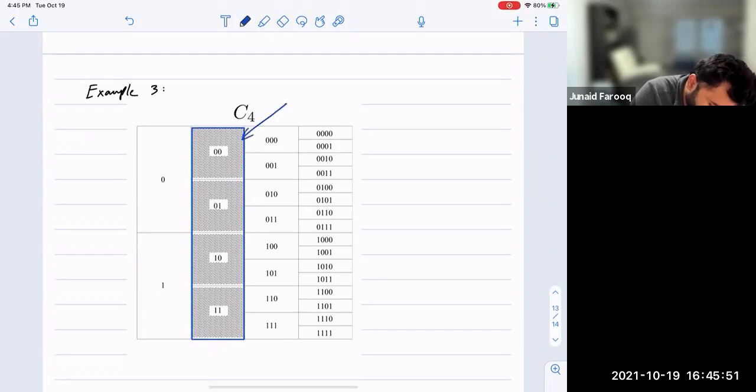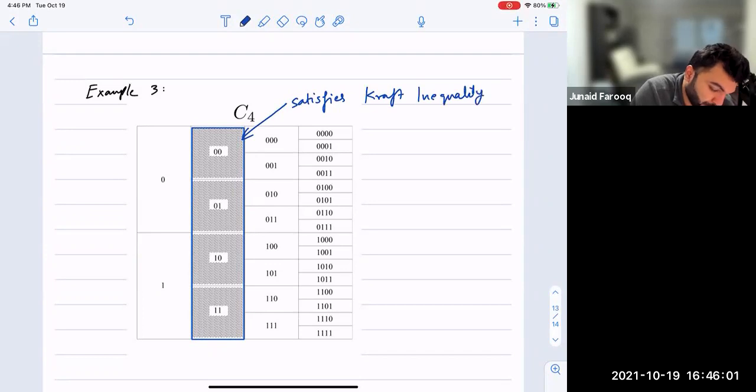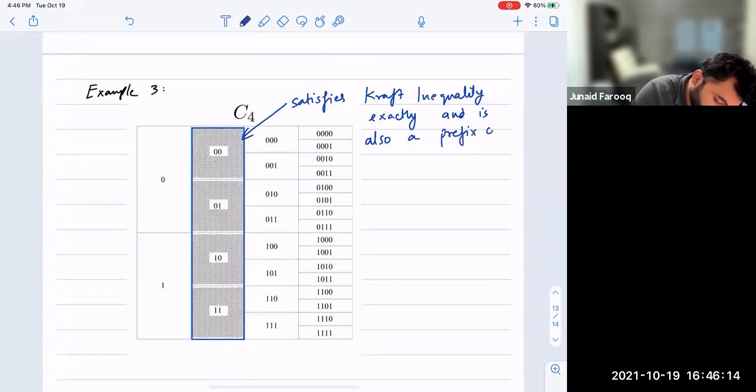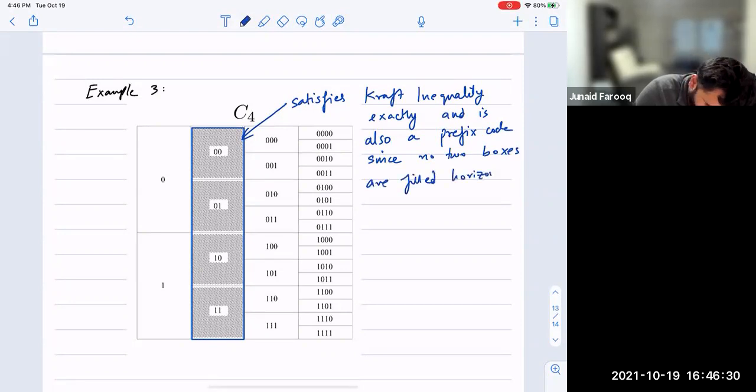Okay, so it satisfies it exactly, and is also a prefix code, since no 2 boxes are filled horizontally, right? So therefore, this code is uniquely decodable.